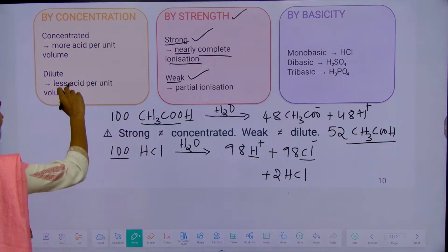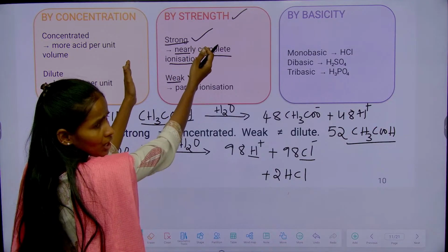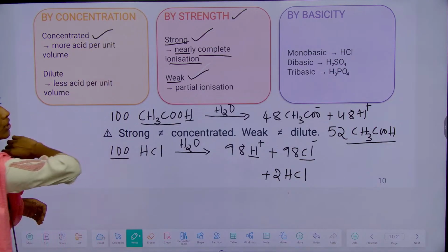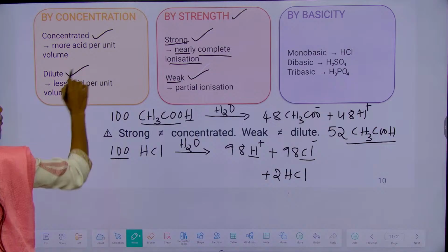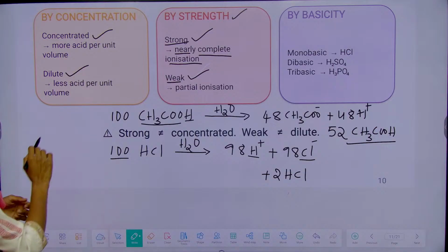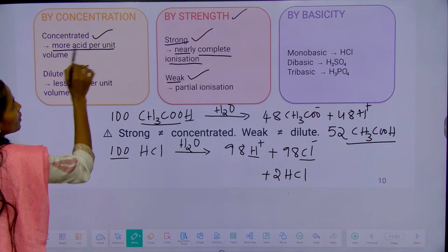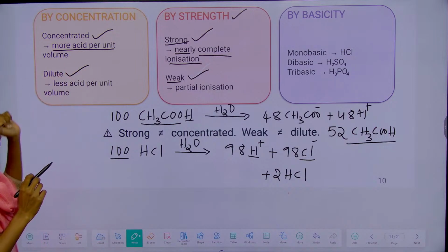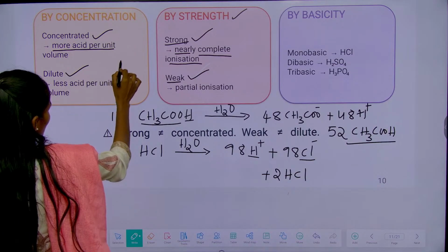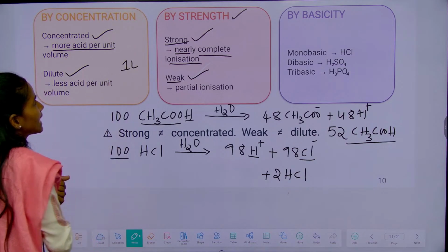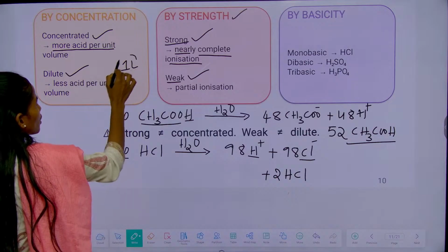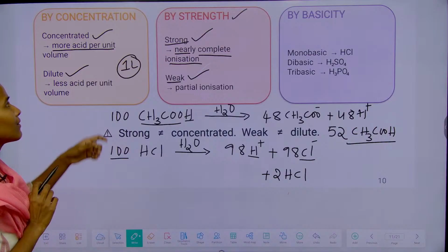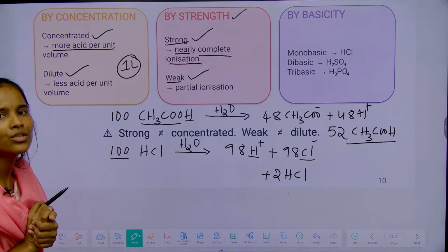Now this is all about strong acid and weak acid. If we are talking about concentrated solution and dilute solution, what does it mean? It means how much acid is present per unit volume. For example, take 1 liter. If in 1 liter of the solution more amount of acid is present, then we call it a concentrated solution.